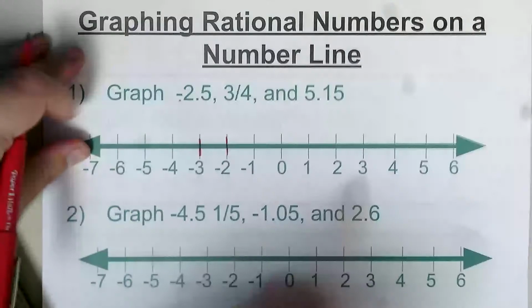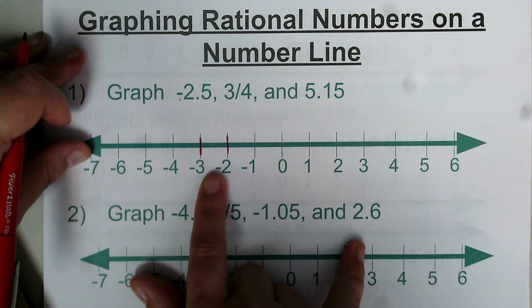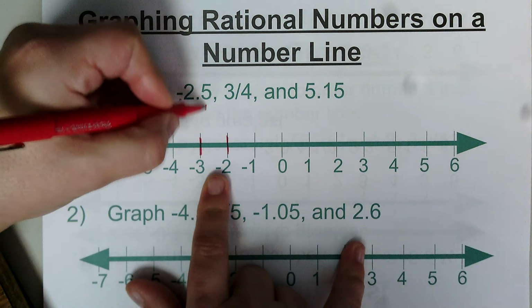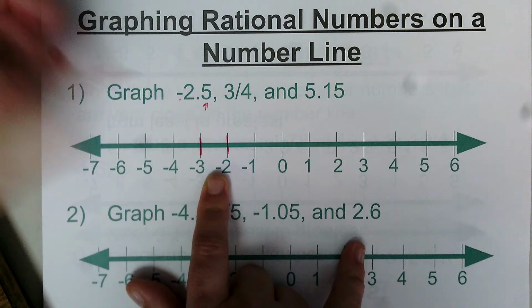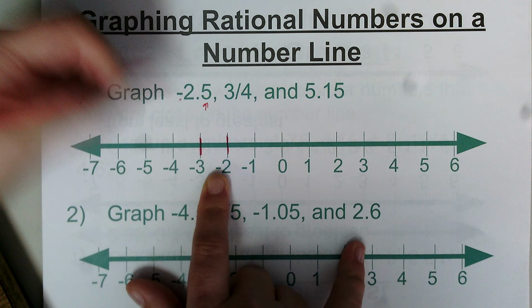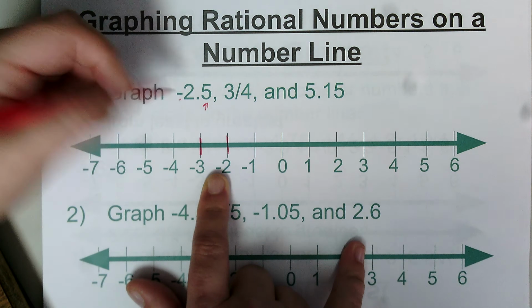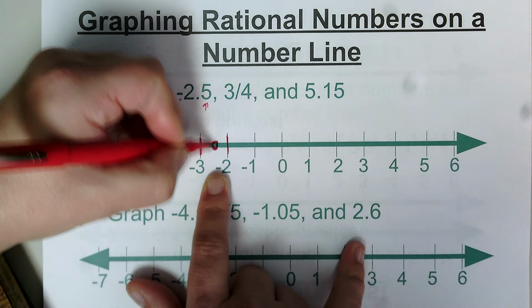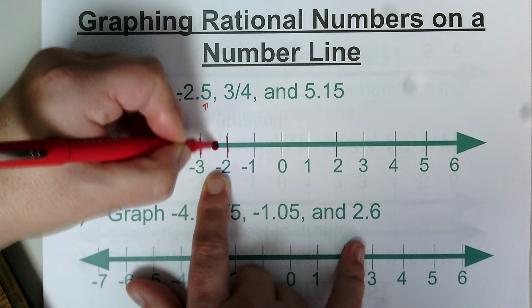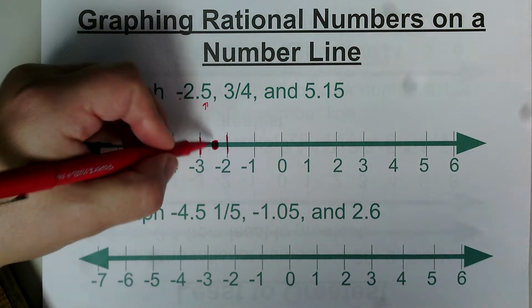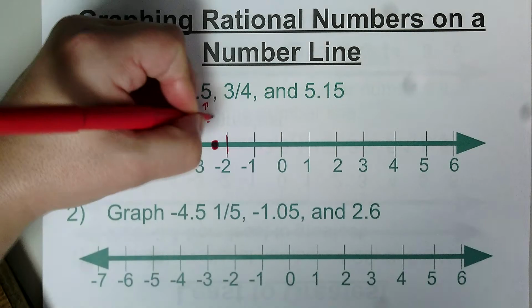So this is my spot that I'm going to be graphing, between these two numbers. Well, since 0.5 is halfway, and I know that 0.5 or 5/10 or 50/100 is the same thing as 1/2, I'm going to go halfway and I'm going to draw a closed circle halfway between 2 and 3. And this represents -2 1/2.